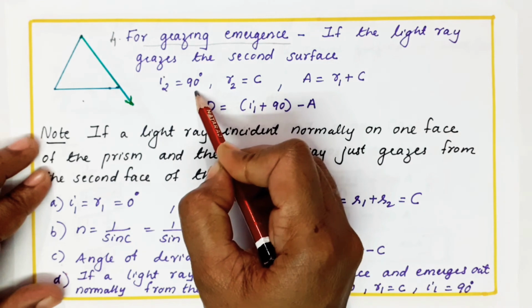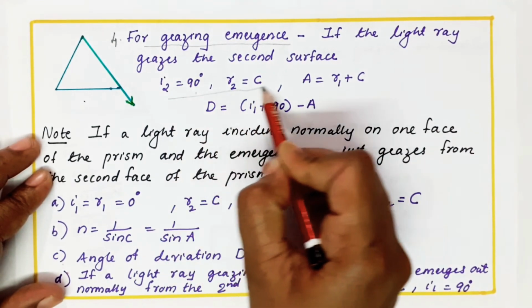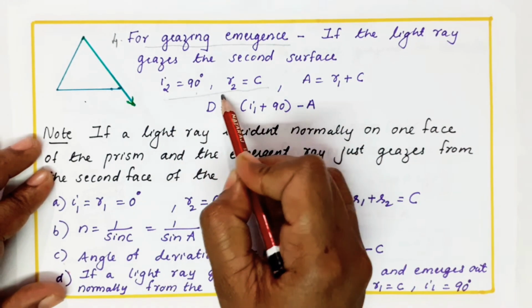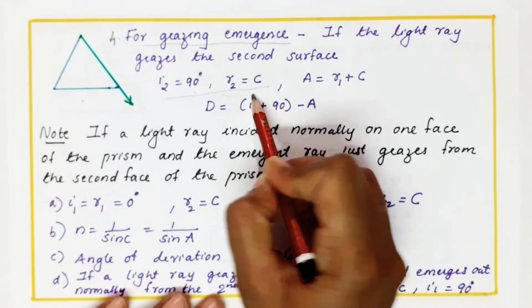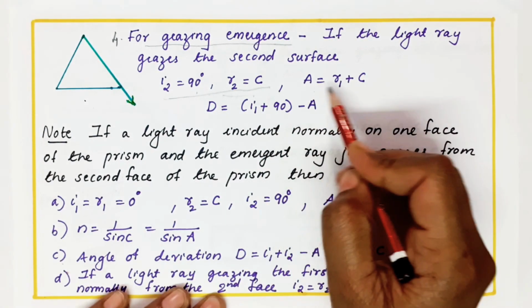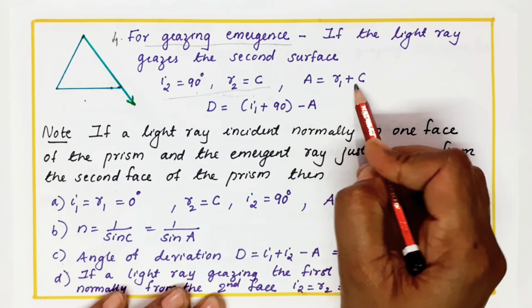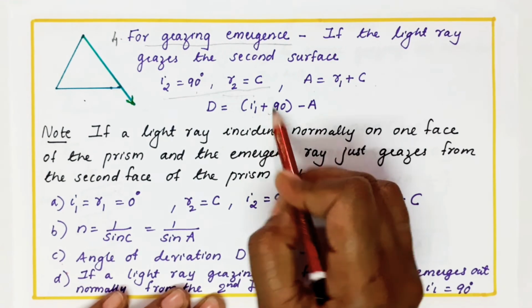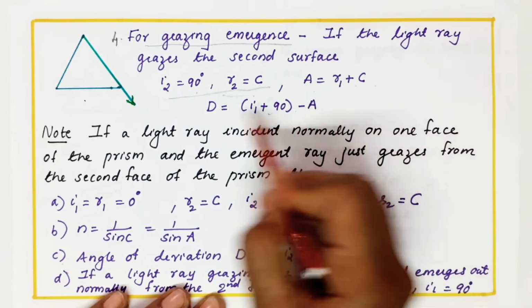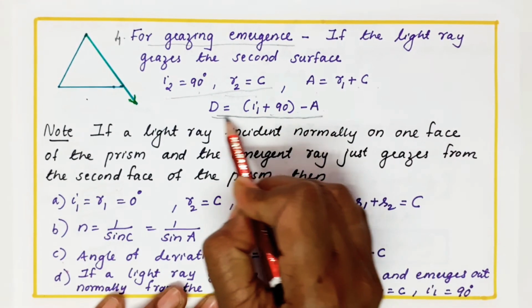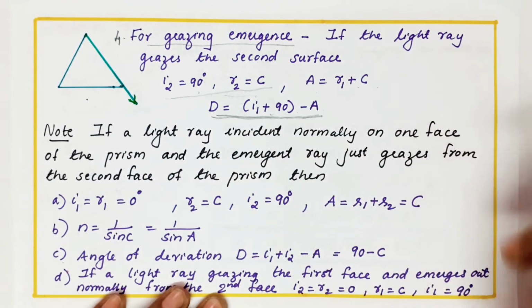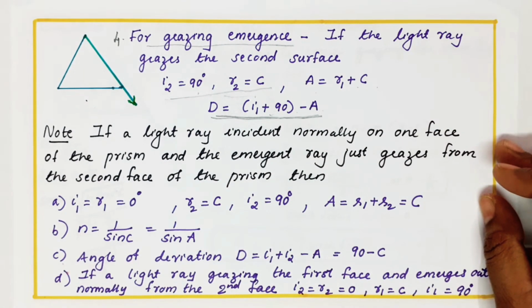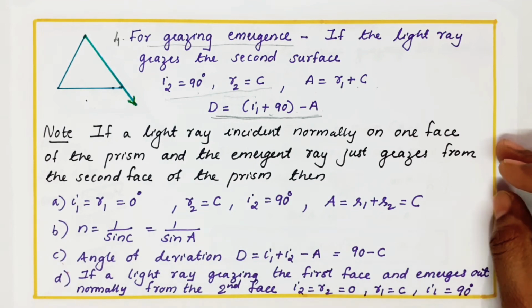So I2 is 90 and R2 will be C. Then A we can write as R1 plus C. So the deviation is I1 plus 90 minus A. These four cases are very important. In the question they will give grazing incidence, grazing emergence, or normal incidence, normal emergence, and ask what the deviation should be. In this way you can calculate.